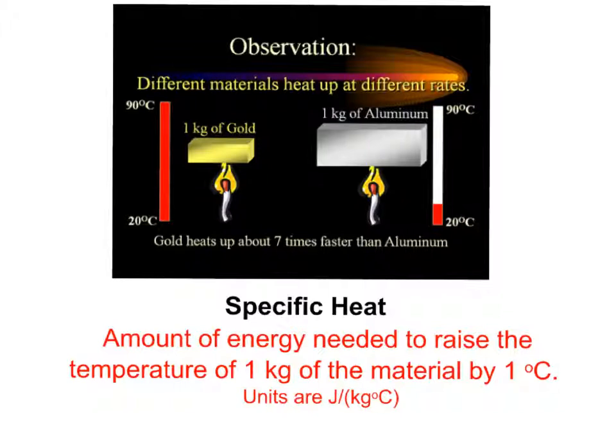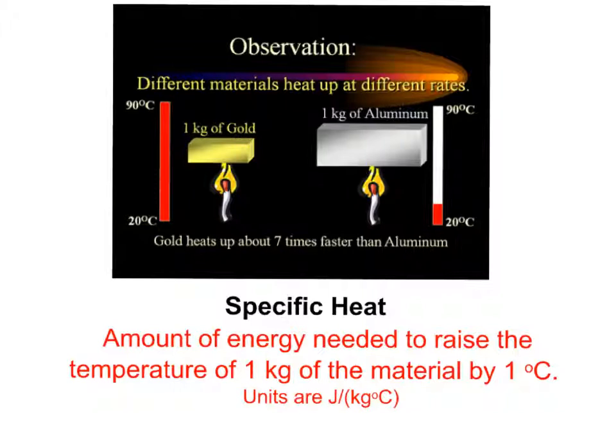Here is an example, a kilogram of gold and a kilogram of aluminum. If we try to heat those up, gold heats up about 7 times faster than aluminum. That's because different materials possess different amounts of specific heat.